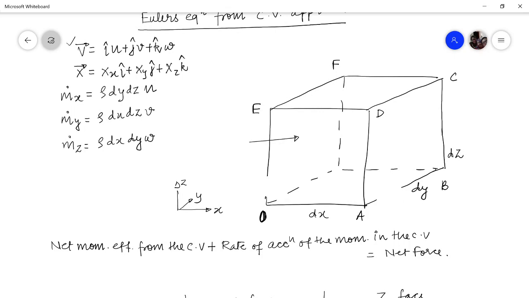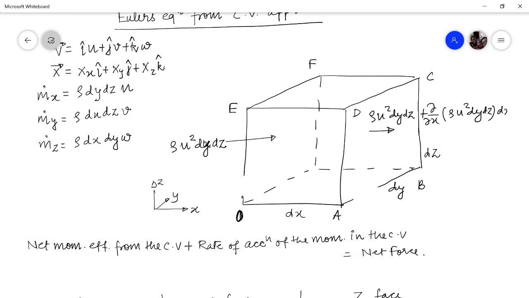The momentum flux entering this control volume in the x direction from the x face will be rho u square dy dz, and the one exiting from the x face in the x direction is rho u square dy dz plus del by del x of rho u square dy dz times dx.